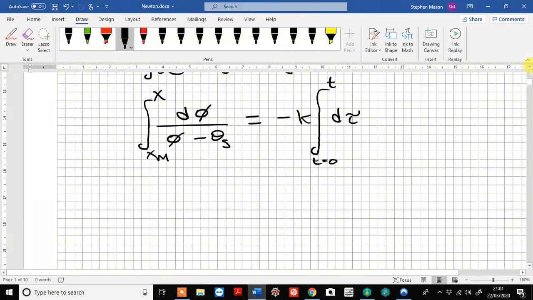Again, using a bit of high school mathematics, this integrates on the left hand side to give the logarithm of phi minus theta sub s, and that is equal to k tau. And of course, we have to put the limits in.